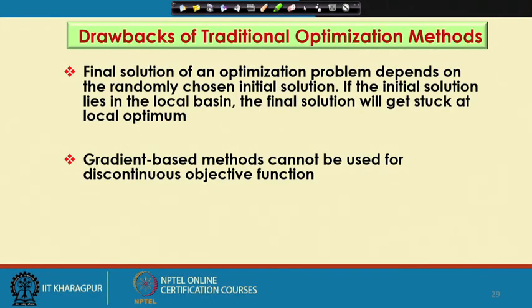Now, a gradient based method like the steepest descent method is not suitable whenever the objective function is discontinuous, because we cannot find the gradient of the objective function.